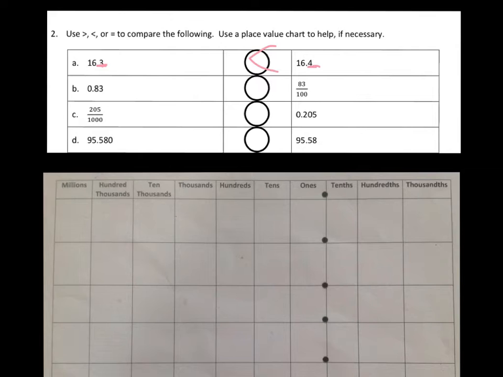Let's look at B. We have 0.83 and we have 83 hundredths. Now 83 hundredths is going to be in this column. So we're going to end up with 0.83 versus 0.83, and I'm going to write that in this box. Aha! Those are equal. So I'm going to put my equal sign there.